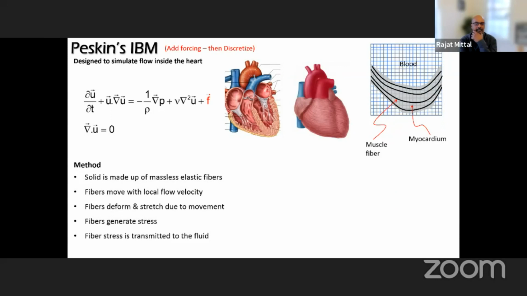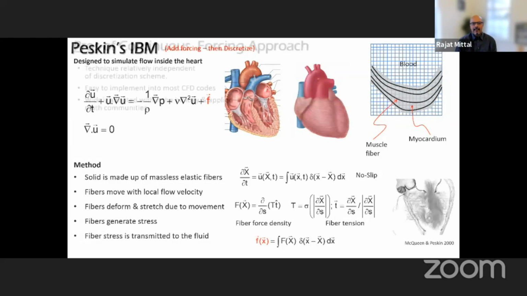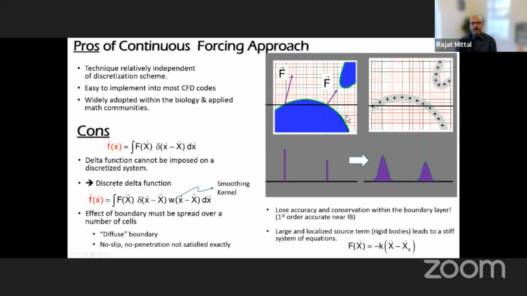This is some of the early history of immersed boundary methods. But again, the method of Peskin is the key method that really started this whole field. And the way this method works is quite different. I'll skip over some of these details, but the bottom line is that it introduces discrete forces at the boundary of the immersed body.